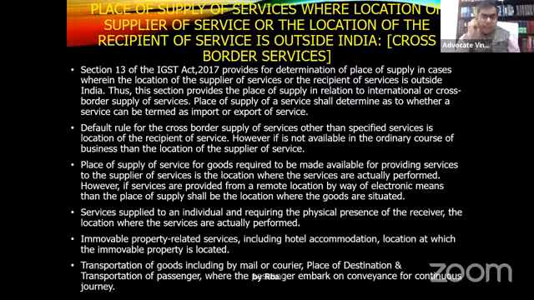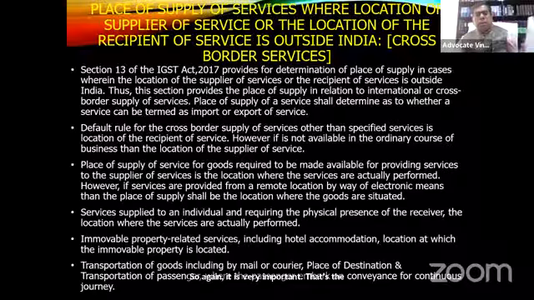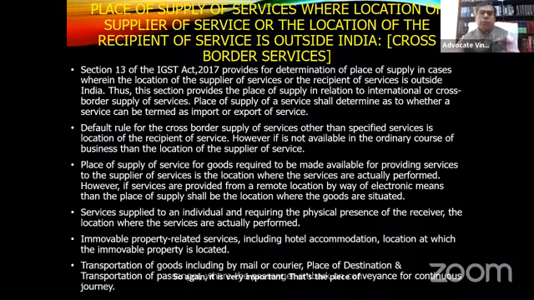And the last condition is that the supplier and recipient of service are not merely establishments of a distinct person in accordance with section 8. So again, it is very important that the place of supply and the location of the recipient are both outside India for a transaction to be considered as an export of service.